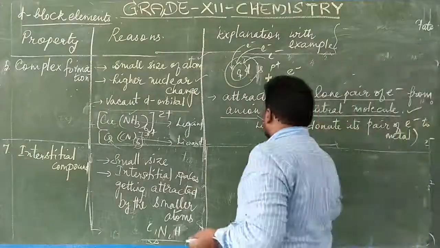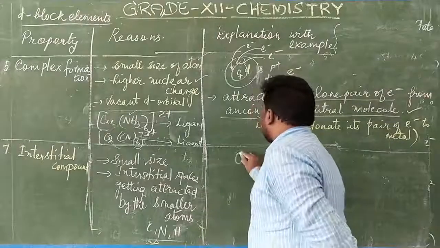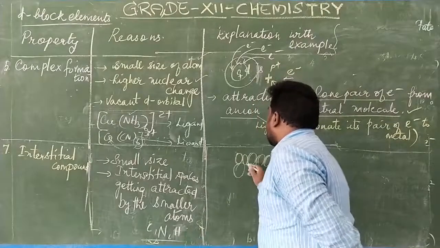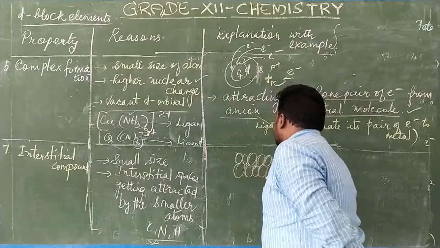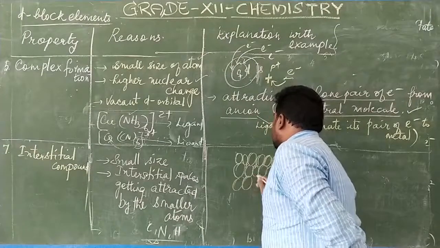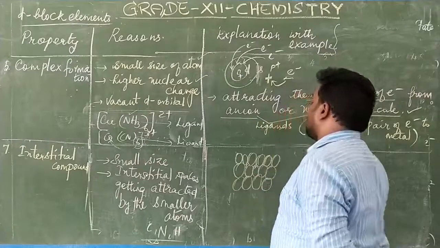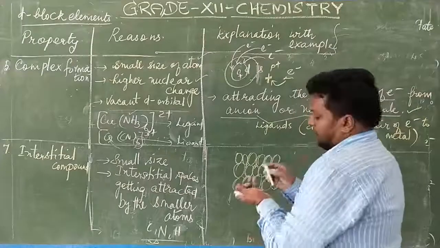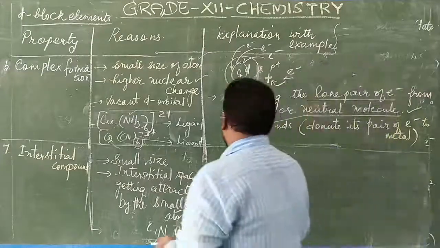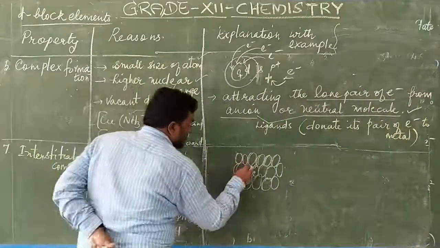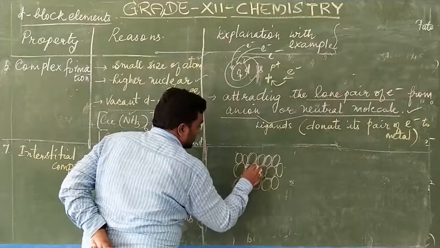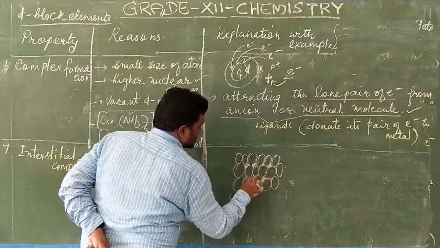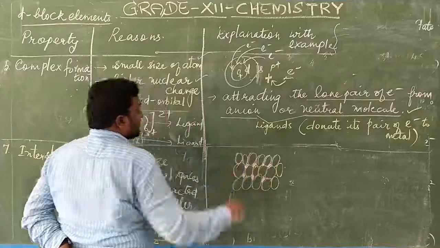What is that actually, interstitial compound formation? See, now I have given you one example. Tungsten with carbon, I have given you as an example, isn't it? Now the interstitial space is nothing but this. Here you can see and here you can see, this is an interstitial space.